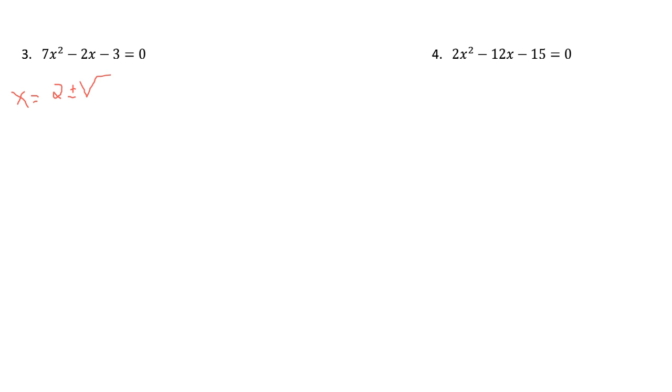Plus or minus the square root of b squared minus 4 times 7, whoops, positive 7, times -3. These are all working out nice and positive. No imaginary numbers yet. All over 2 times 7.